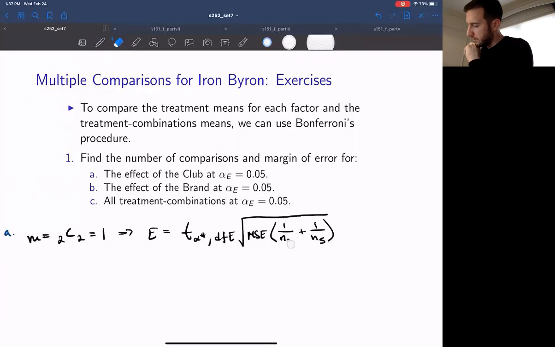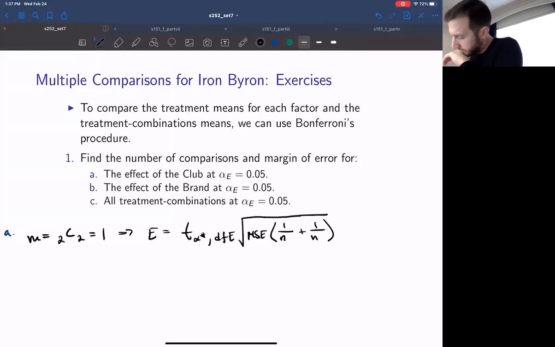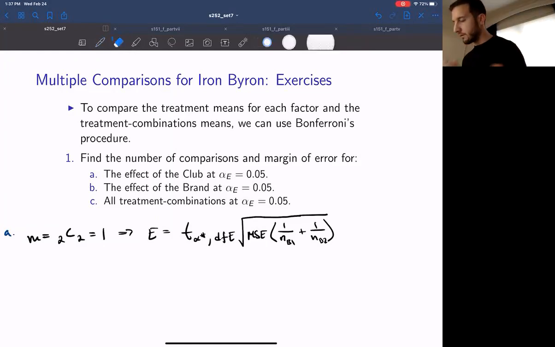I don't want to confuse anyone. Let's just call this N for C1, N for C2. We have club 1 and club 2.